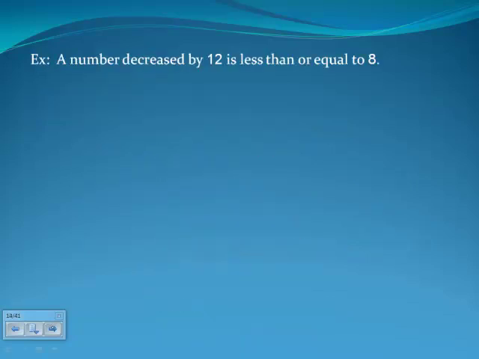Another example. A number decreased by 12 is less than or equal to 8. Now in this case, this is going to be an inequality. So reading left to right, a number would be x, decreased by, those are keywords for subtraction off of that chart. Decreased by what?